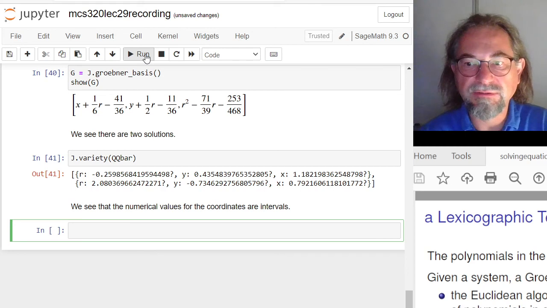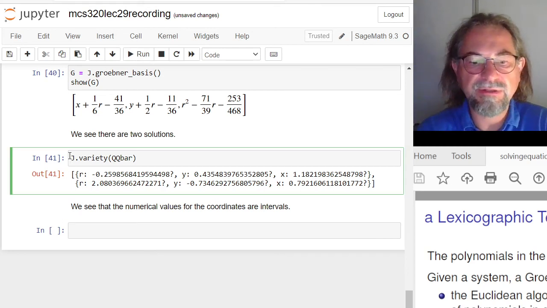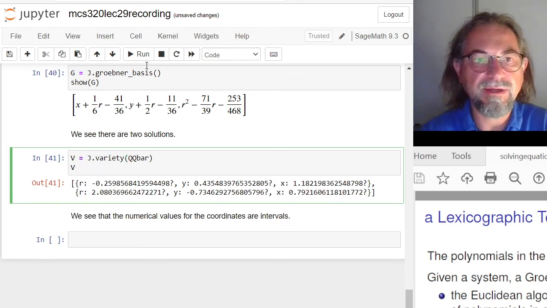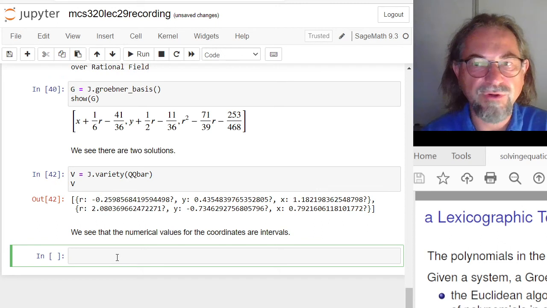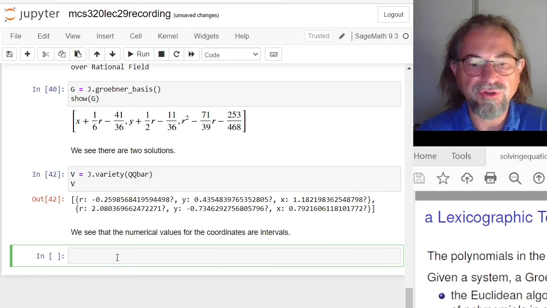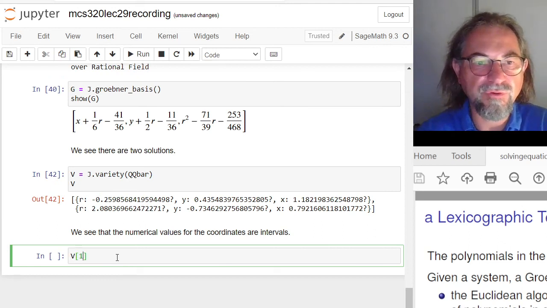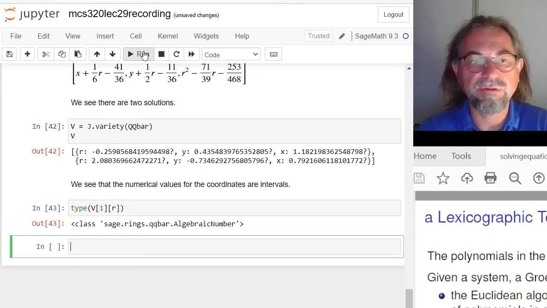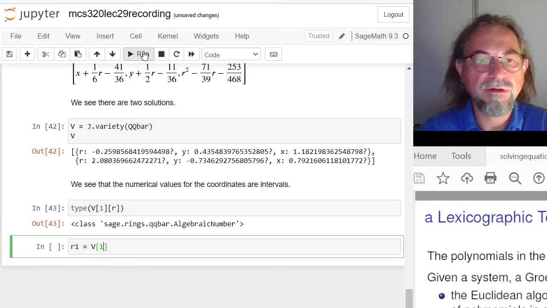I still have some time to illustrate this, so I can select this. I have the variety. The variety is the term used for solution sets in algebraic geometry. Let me select the first solution, and that's the R component. Let's see what the type of that element is. That is indeed an algebraic number. This first R, call it now R1.